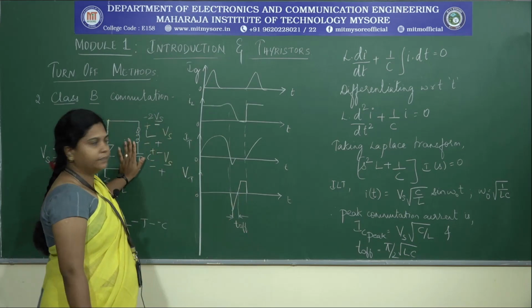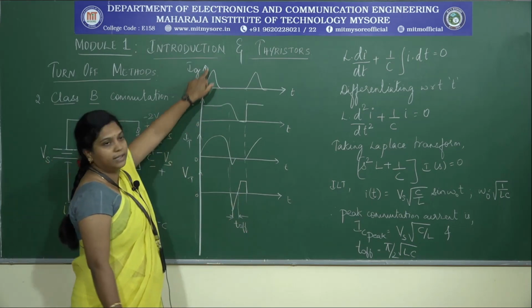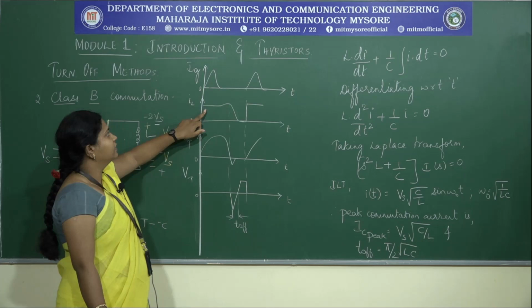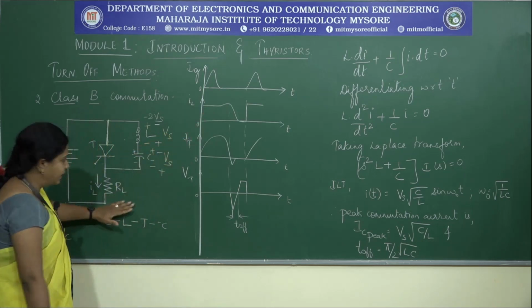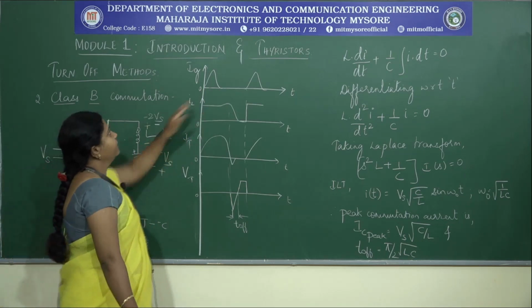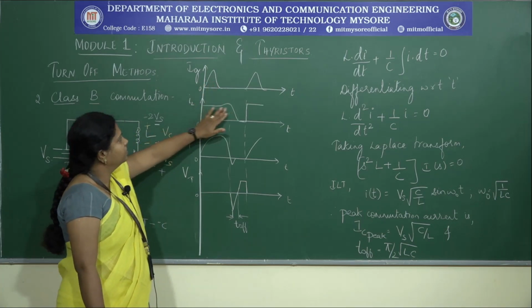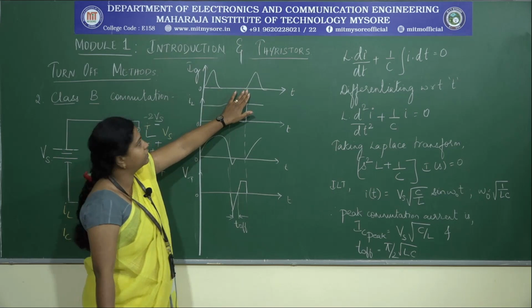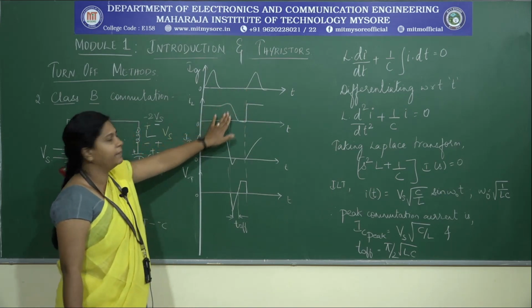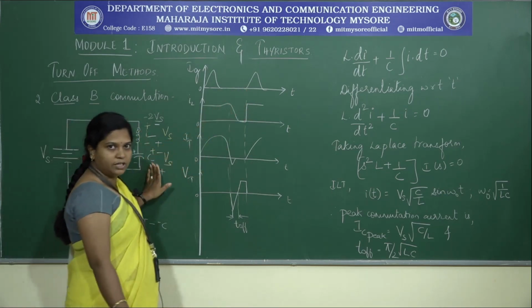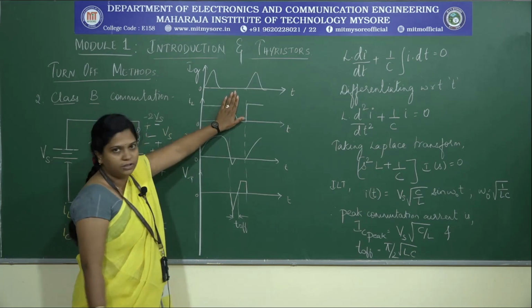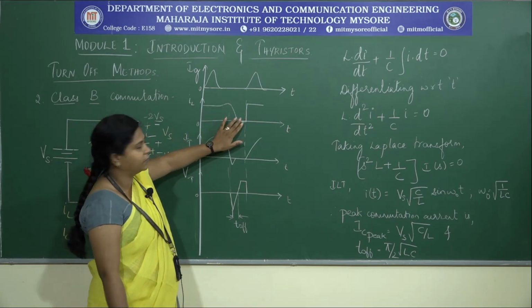off the thyristor. The respective waveforms are, only when you are applying the gate current you will be getting an output voltage across the load. So when you are applying the gate current you are getting the load current, but at some instant, before the next gate pulse only, by making use of these L and C commutating components, we are going to turn off the thyristor in between.